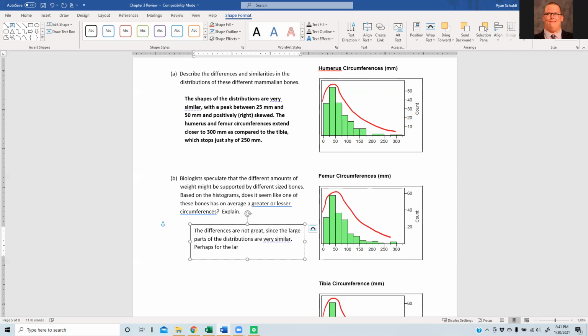Perhaps for the largest animals, the humerus and femur support more of the weight, indicated by the fact that these distributions extend to higher values than does the tibia distribution.